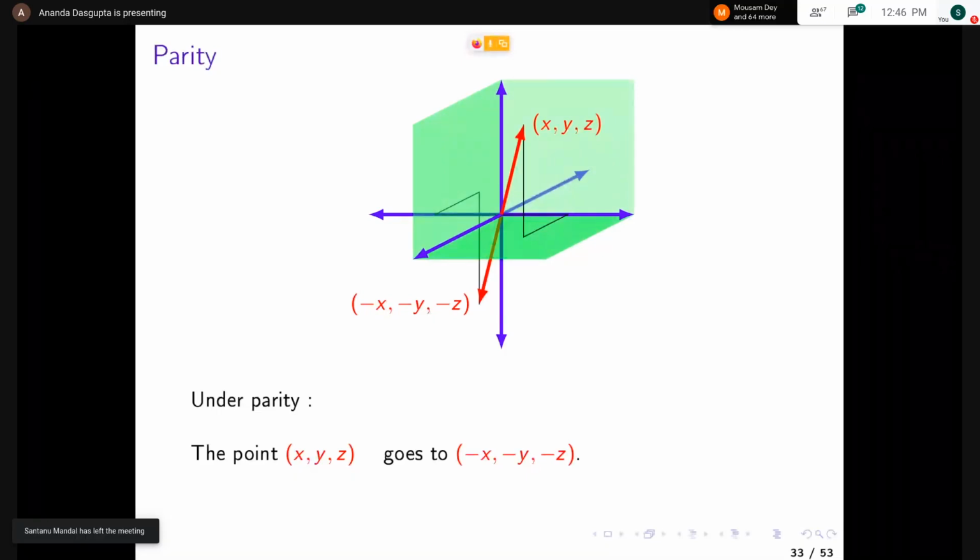So x changes sign, y changes sign, z changes sign. Or you could say, I've just taken all my coordinate axes and flipped them in the opposite direction. So what used to be my positive x-axis is now the negative x-axis, positive y-axis, negative y-axis, and so on. This exactly is what changes a right-handed coordinate system to a left-handed coordinate system, as you can easily check.